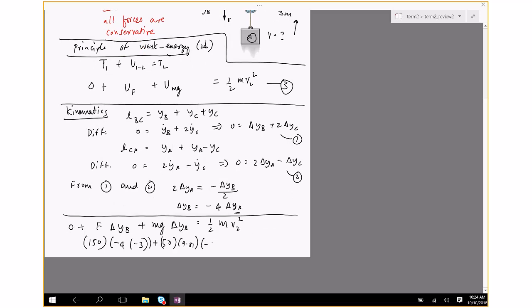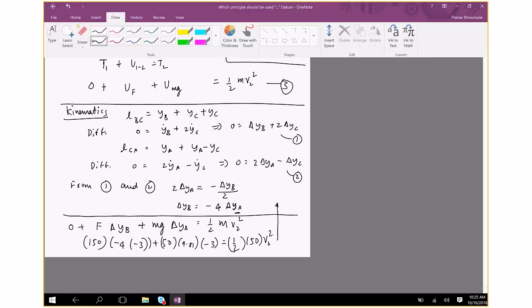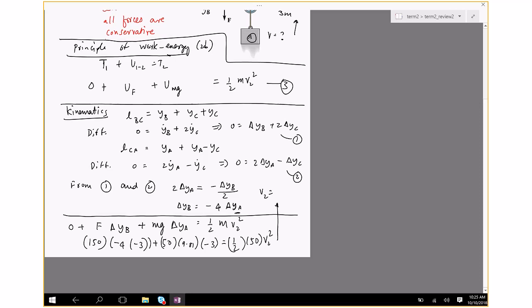Delta y is negative 3, equals half times mass, which is 50, times v2 squared. The only unknown is v2. If you solve for v2 from that equation, you should get 3.62 meters per second.